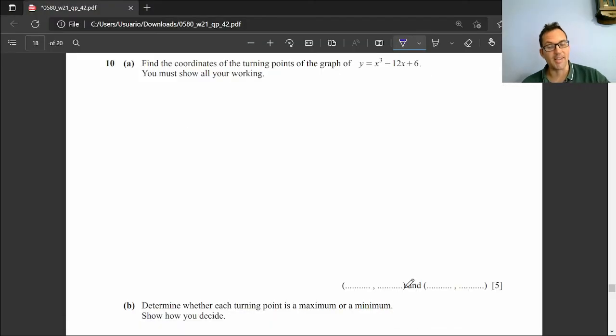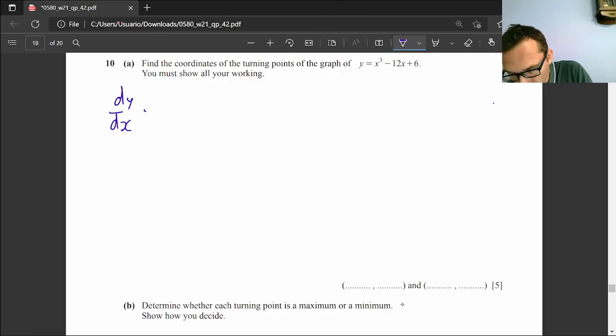Of course, finding the gradient at any point on a curve, we use differentiation. So we need to differentiate that. That will be dy over dx. Differentiation: we need to imagine there's a 1 in front of that x. So 3 times 1 is 3, x, subtract 1 from 3, that will be 2, squared.